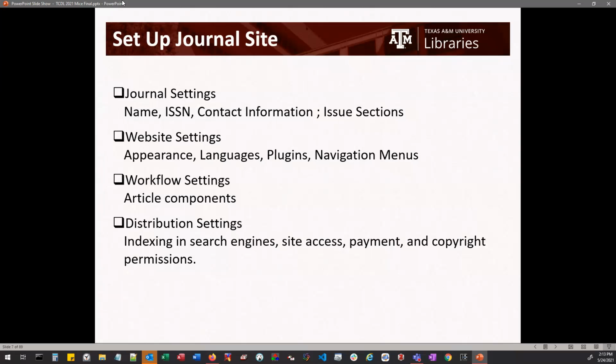And then there's the plugin section, and that's where you can enhance user navigation, display information in an engaging way, and add all sorts of tools from metadata formatting, indexing, payment options, and theming.